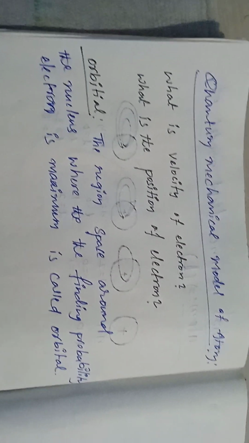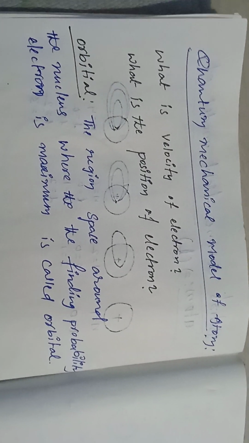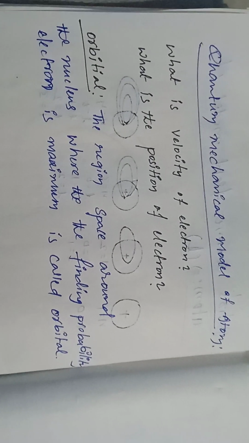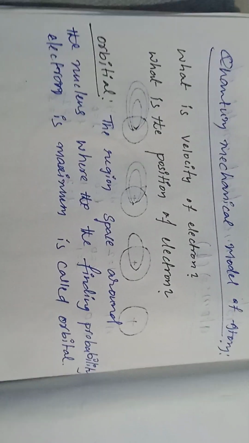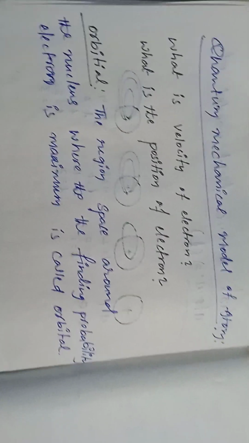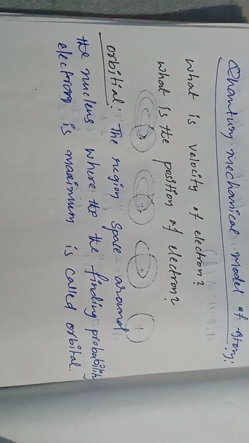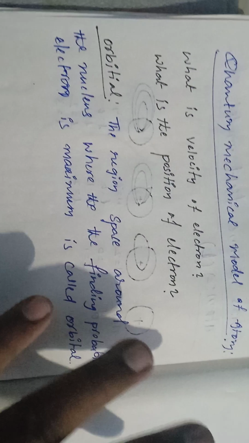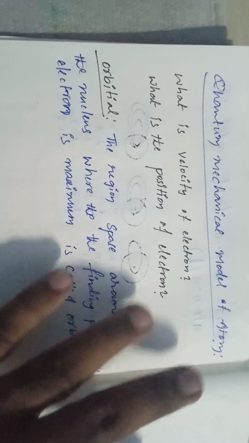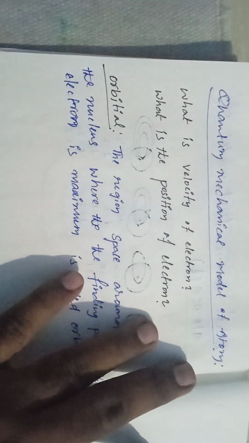We could not find the velocity of the electron, and at the same time we could not find its position. Sometimes we can find the position of electrons, but we can't find the exact position.